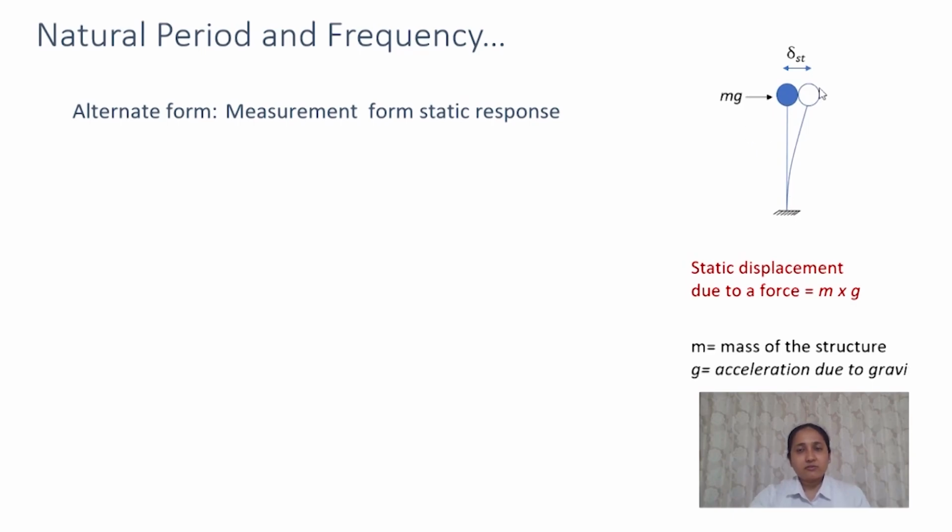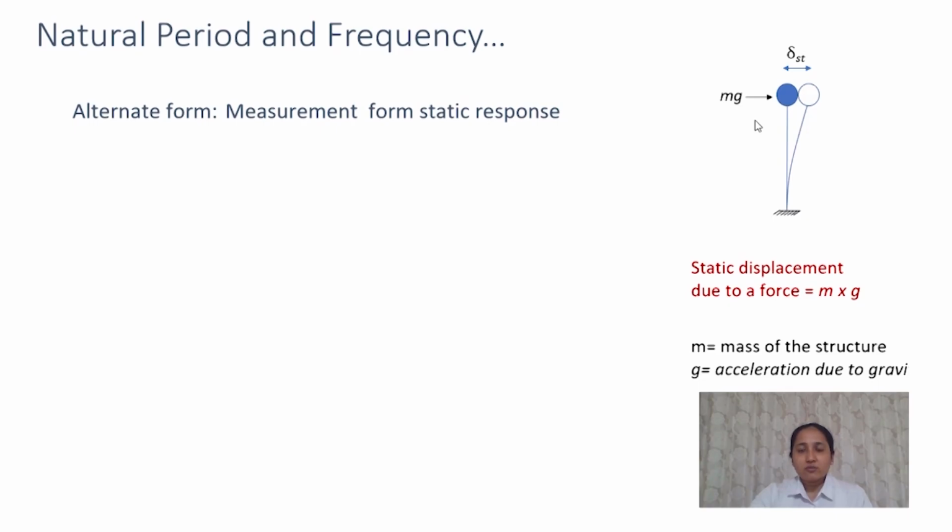So if we have a structure, say a single degree of freedom structure, which has some stiffness and some mass, we have to calculate the static displacement of that structure due to a force equal to mg. That means mass multiplied by gravitational acceleration.